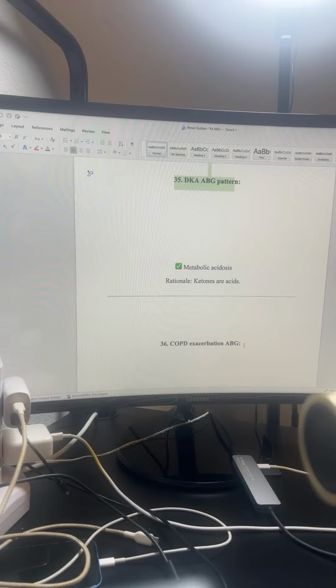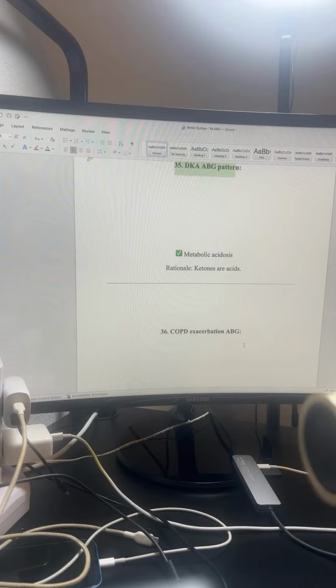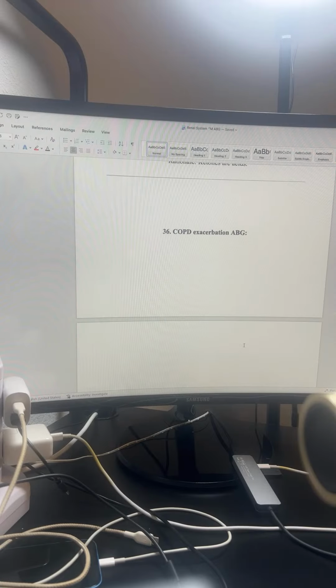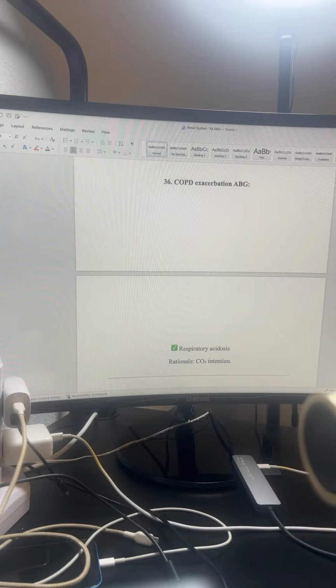Respiratory alkalosis. Okay. So you will have your respiratory acidosis, because remember you have your retention, CO2 retention.